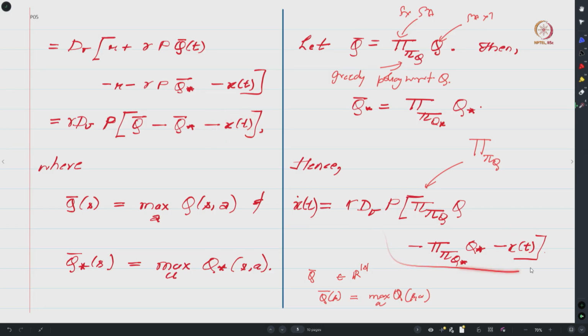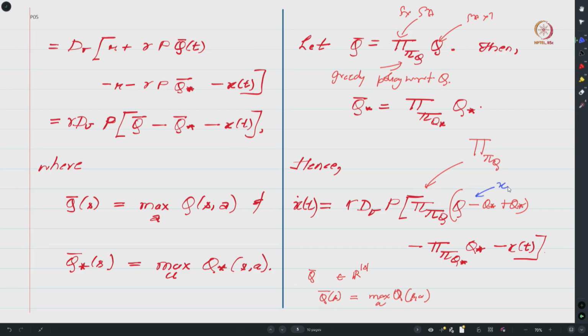So in this way one can see that this x dot of t can be represented in this fashion, and I am doing all this so that eventually instead of q I can replace it with x of t, right. And in order to do that, I will take this, subtract q star and add q star, right. So I can do it in this way, and this quantity over here, I will denote it by x, right.